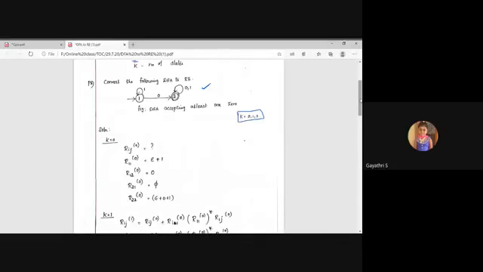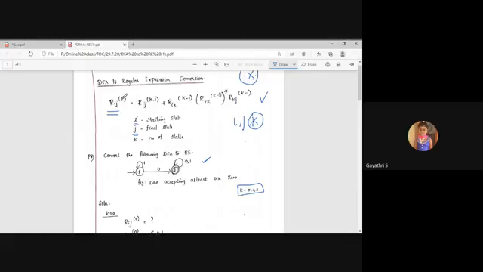Let me come to the first case, k equal to 0. For every problem, you first calculate k equal to 0. Actually, some rules are there to calculate the first case, k equal to 0. If you put k equal to 0, it means Rij power 0.